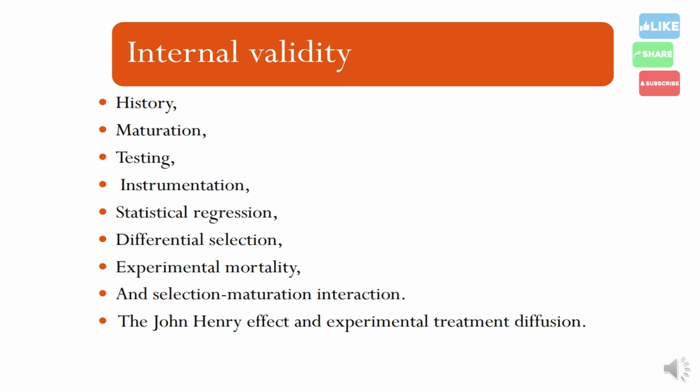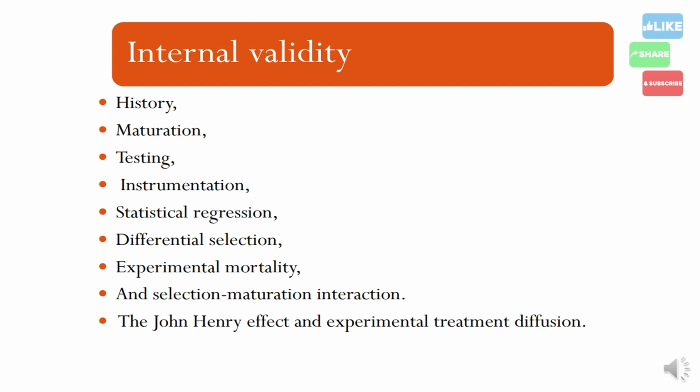Now we have internal validity. In this we have the history, then maturation, and then we have testing, instrumentation, that is what instruments are to be used, statistical regression and differential selection, experimental mortality and selection-maturation interaction, the John Henry effect, and experimental treatment diffusion.